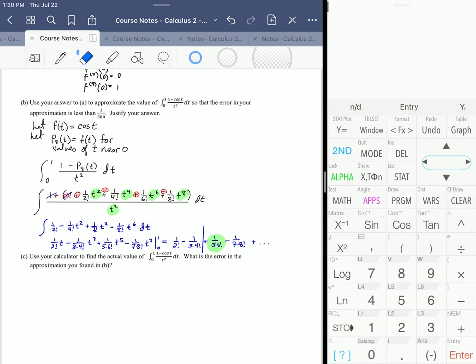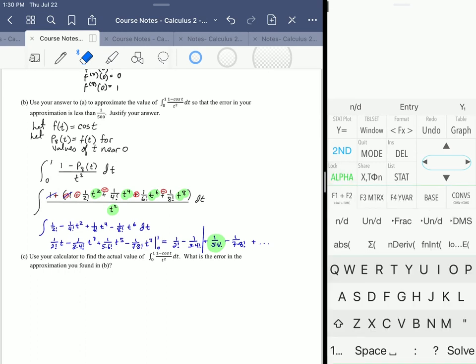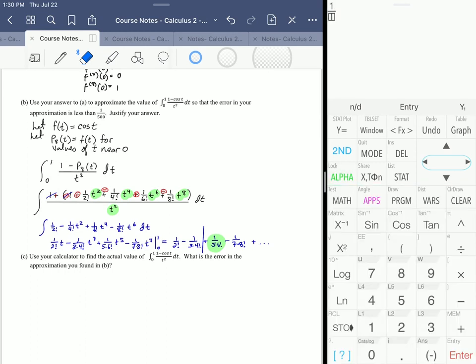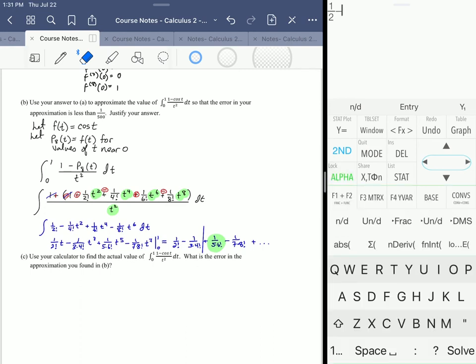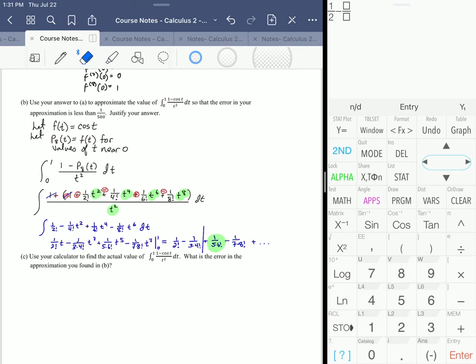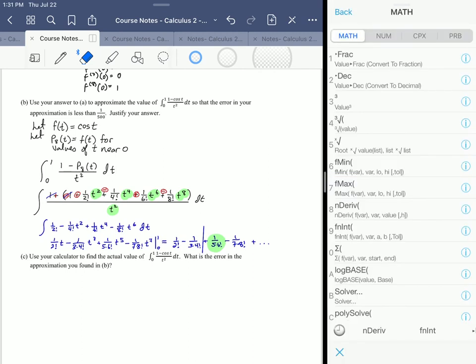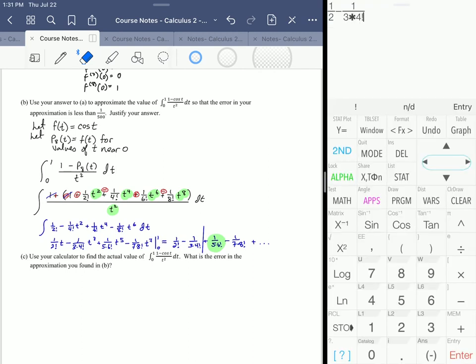All right. So 1/2 minus 1 over 3 times 4 factorial, and we're talking about approximately 0.468. All right. So this is what we need.